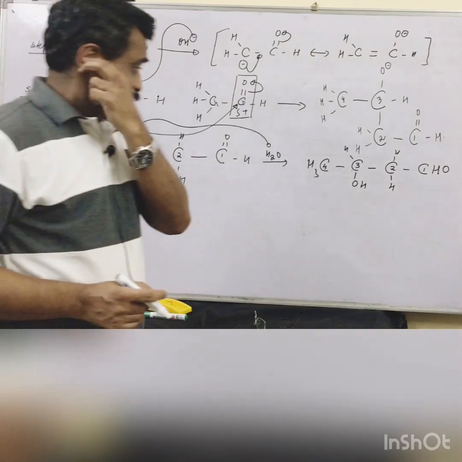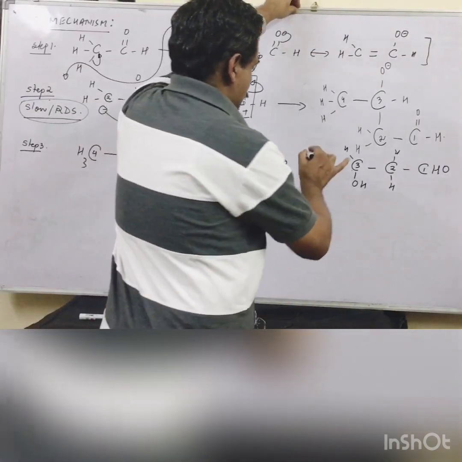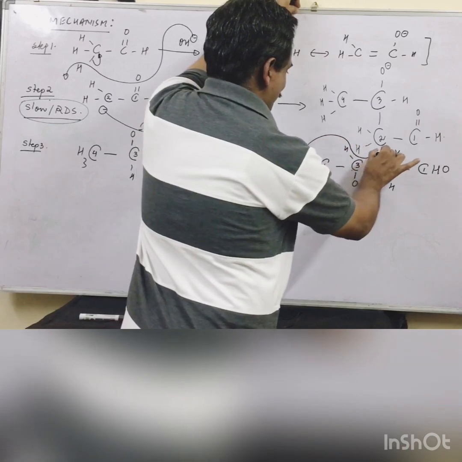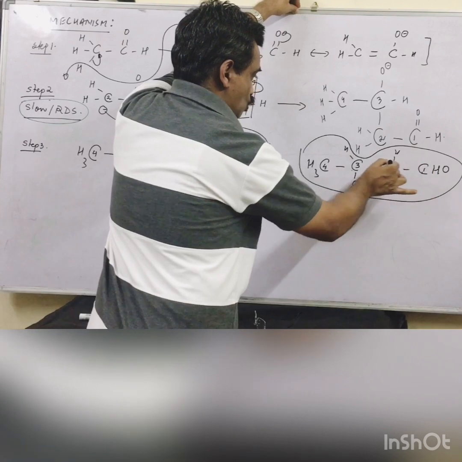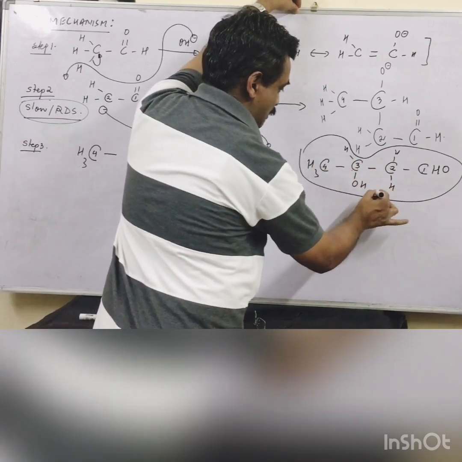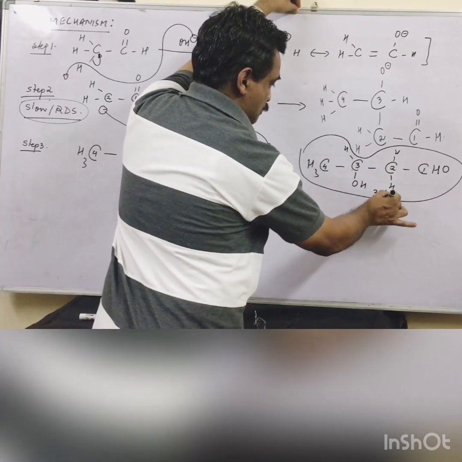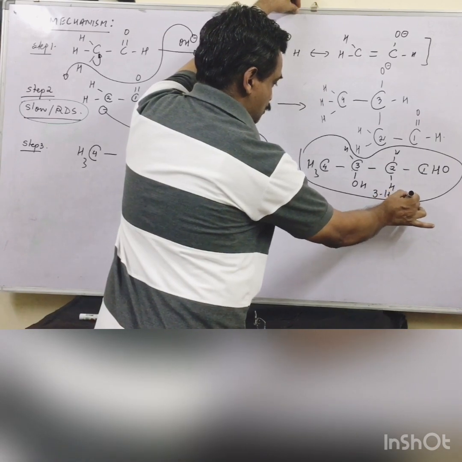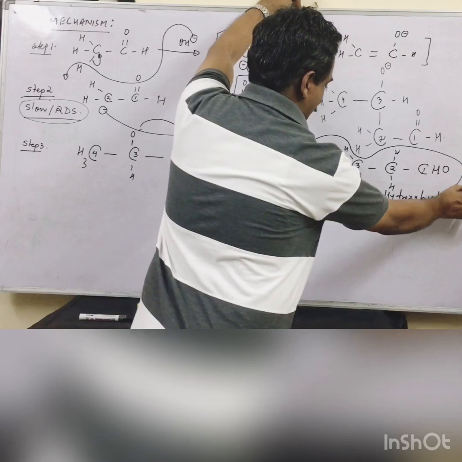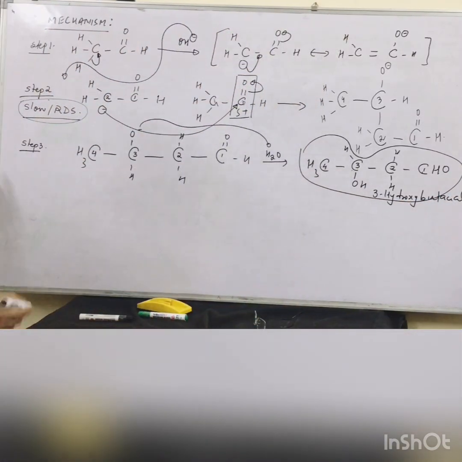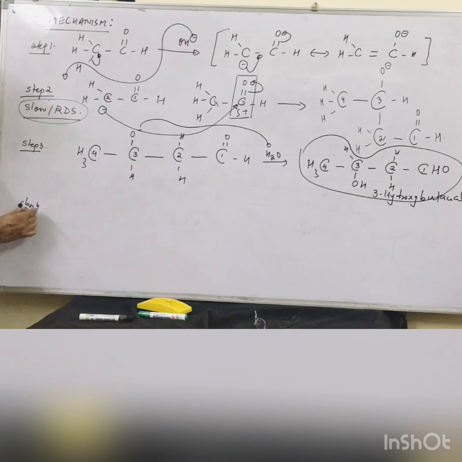If we look at this compound, how could it be named? This can be named by numbering 1, 2, 3, 4. This is 3-hydroxybutanal. Now when this 3-hydroxybutanal is subjected to mild heating, what happens in step 4?